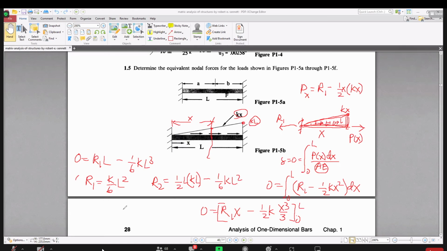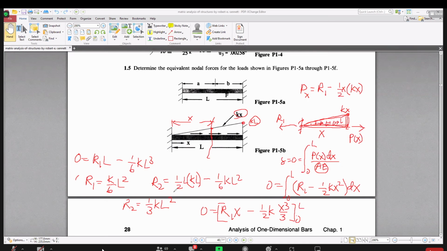So R2 becomes 1/2 kL squared minus 1/6 kL squared. 1/2 is 3/6, minus 1/6, so it is 2/6. So it is 1/3 kL squared.